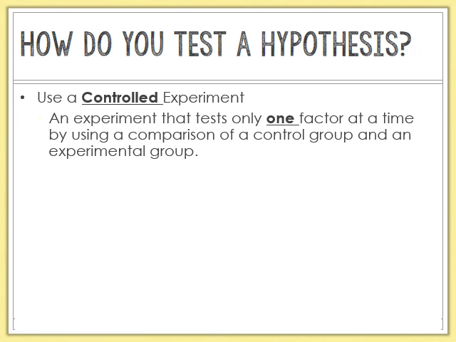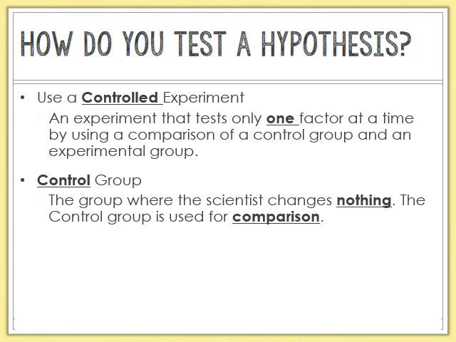Well, you're going to have a controlled experiment, and that's where you have only one factor at a time that is going to be changed. And by using a comparison of a control group and an experimental group, that is how you maintain a controlled experiment. So when you do an experiment, you're going to only change one thing, and then you have to leave that thing that you're changing the same to compare it to.